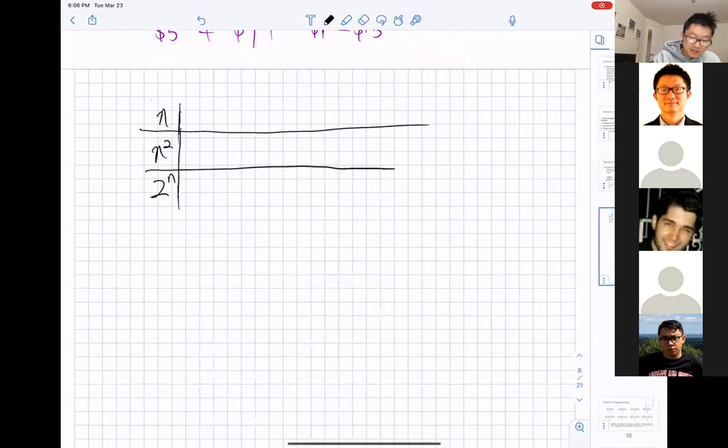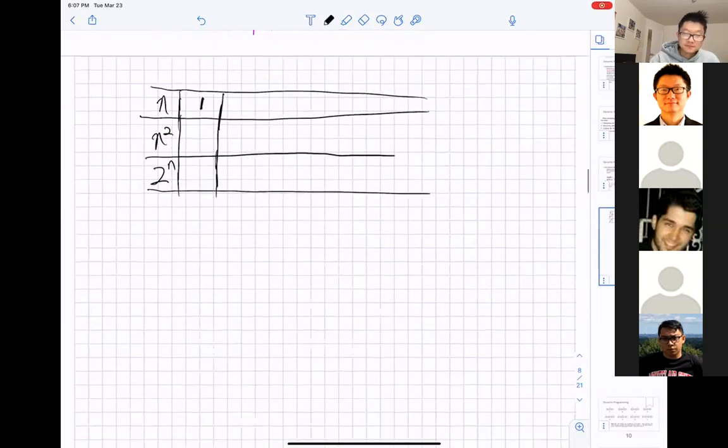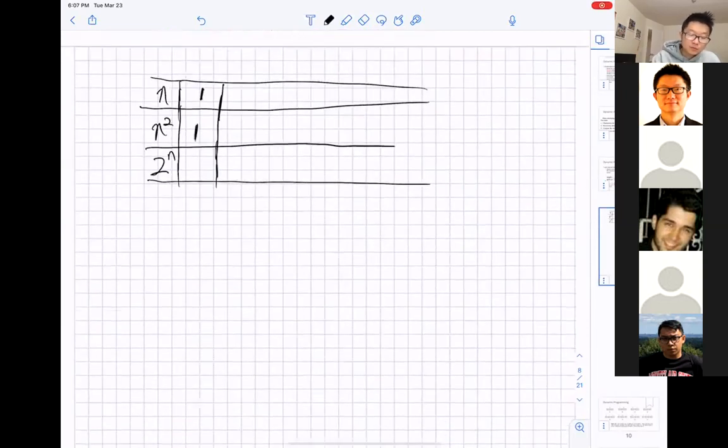Let's compare 2 to the power of n with n squared. When n is 1, what is n squared? 1. What is 2 to the power of n? 2. If we increase n by 10 times, how large is n squared? 100.